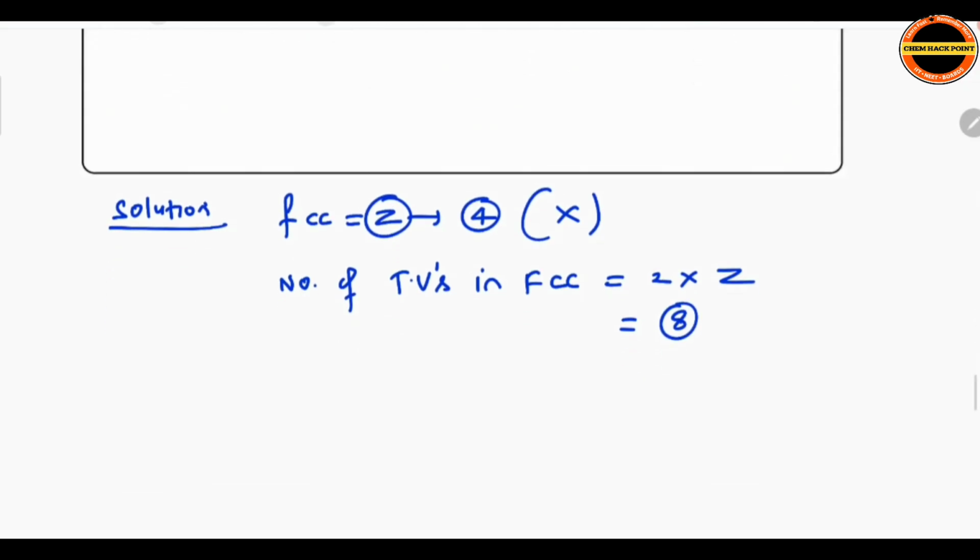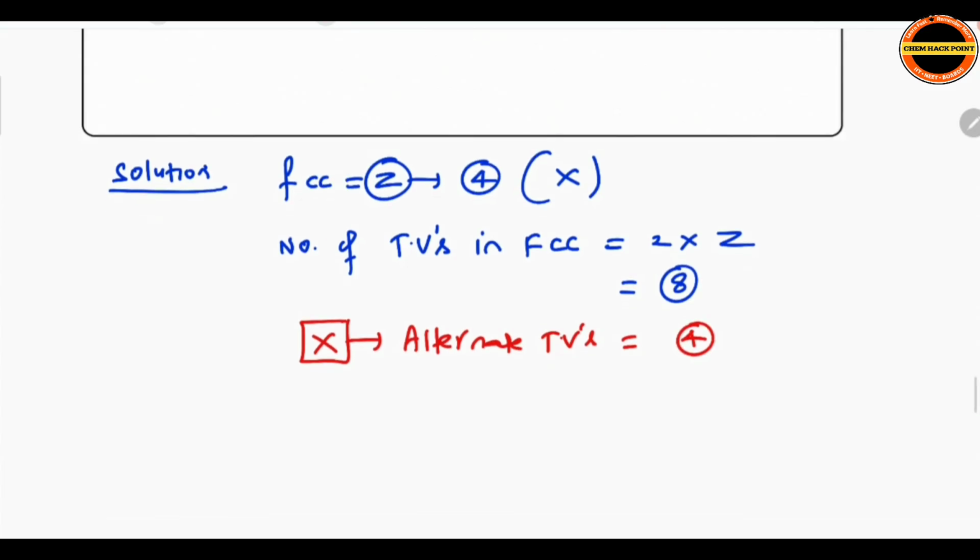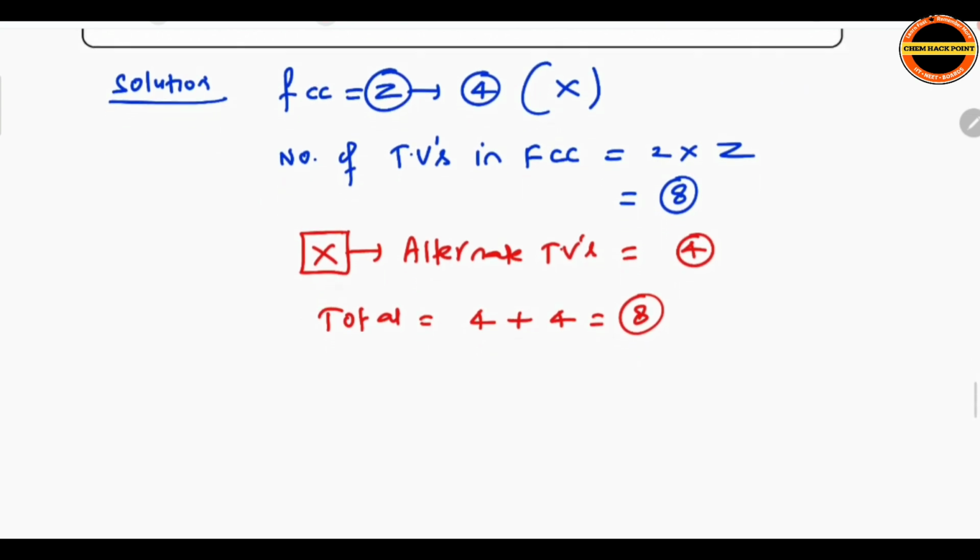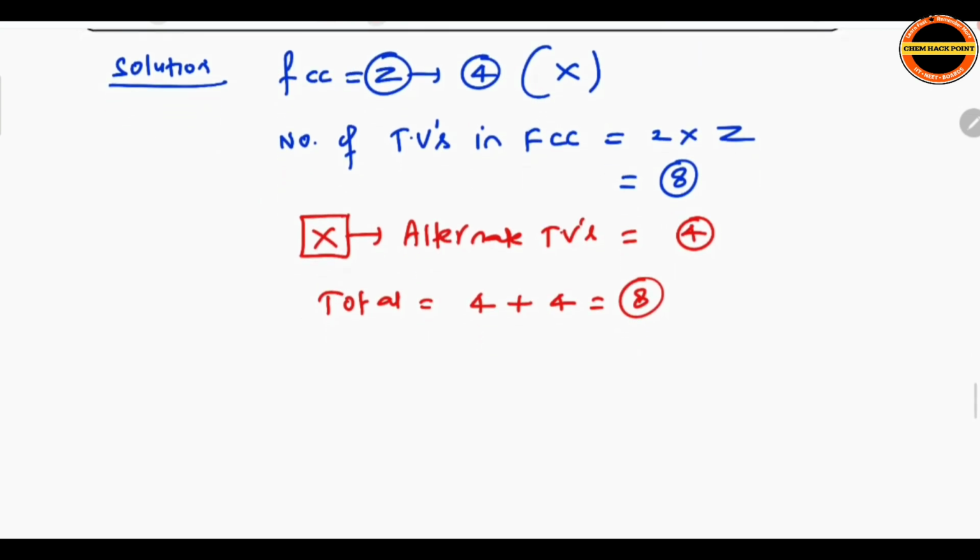Here they mentioned X occupies alternate tetrahedral voids, so alternate TVs, around 4 you will get, 50%. 4 from FCC, 4 from alternate tetrahedral voids, total is 8.